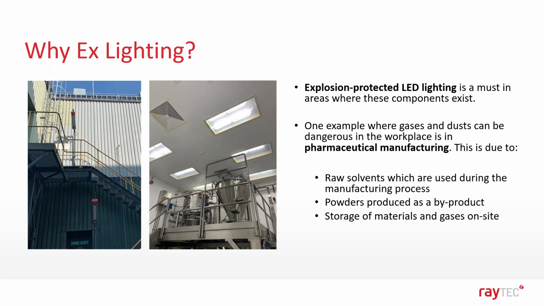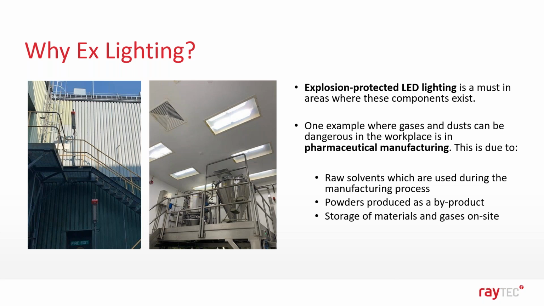One example we've presented where gases and dust can be dangerous in the workplace is in pharmaceutical manufacturing. Although it may not be one of the first industries that comes to mind when thinking about typical uses for hazardous area equipment, large parts of modern pharmaceutical facilities are classified as zoned hazardous areas.